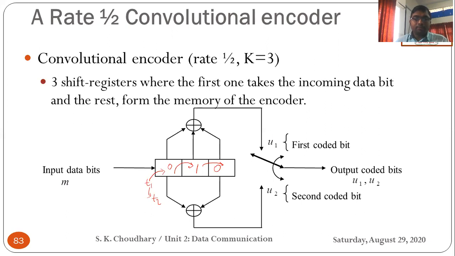Because of this, at every time instant you take the values of U1 and U2 and determine the output bits. This is done with the help of these two modulo 2 adders, the upper adder and the lower adder. So this is the way we perform the encoding in the convolutional encoder.